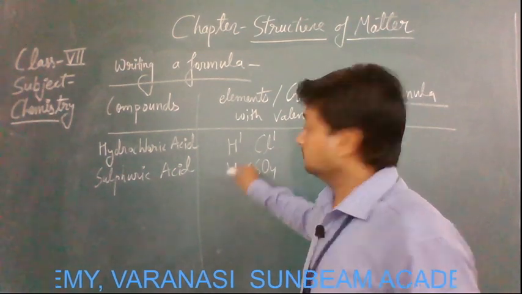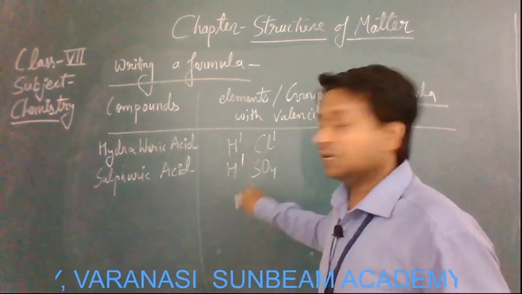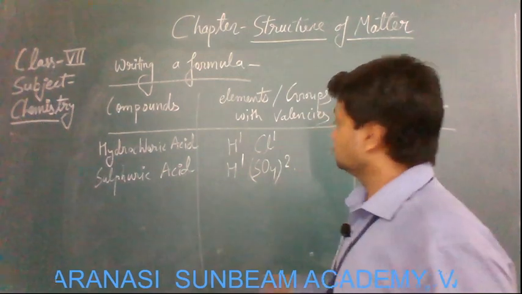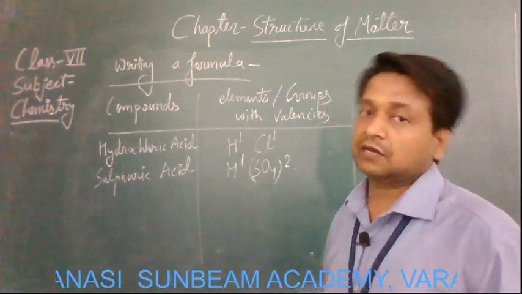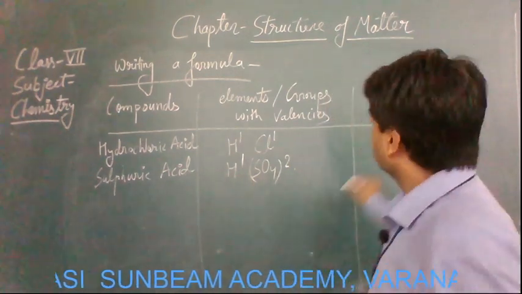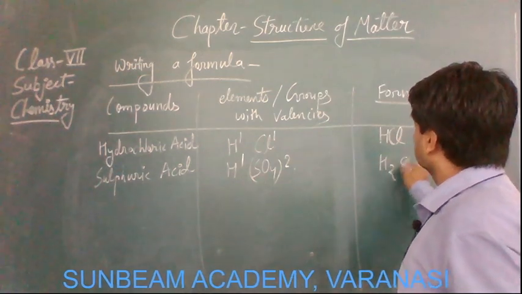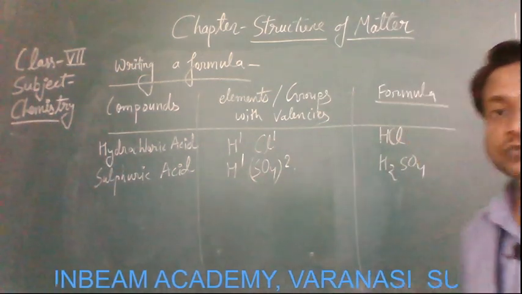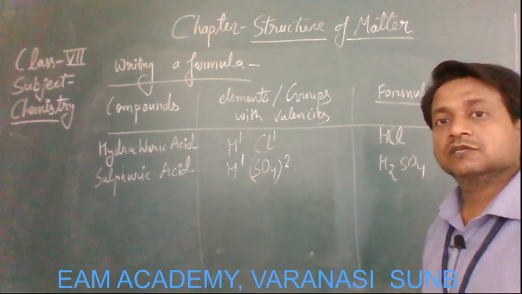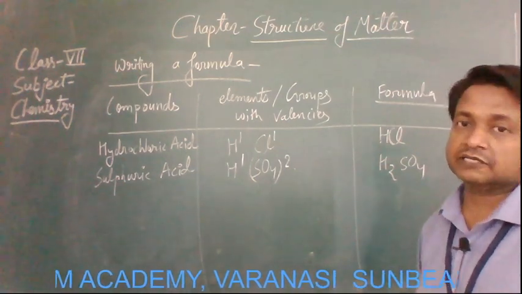Valency of hydrogen is 1 and the valency of sulfate group is 2. Is it? Now exchange the valency and we will get the formula H2SO4. This is the formula of sulfuric acid.